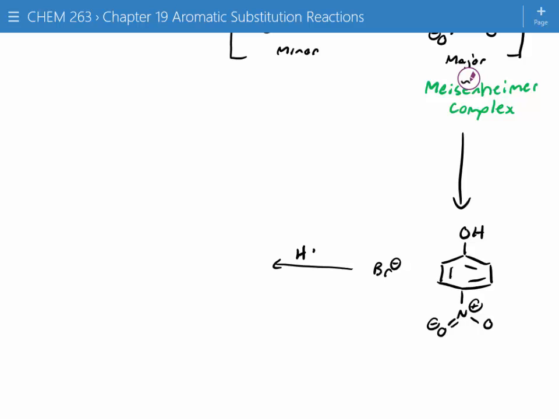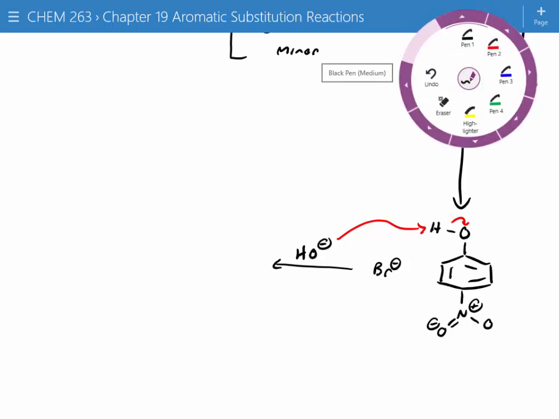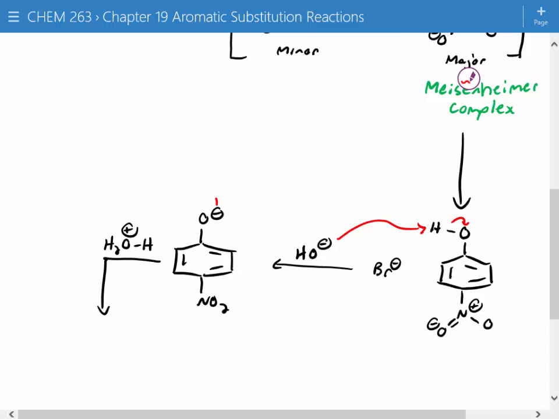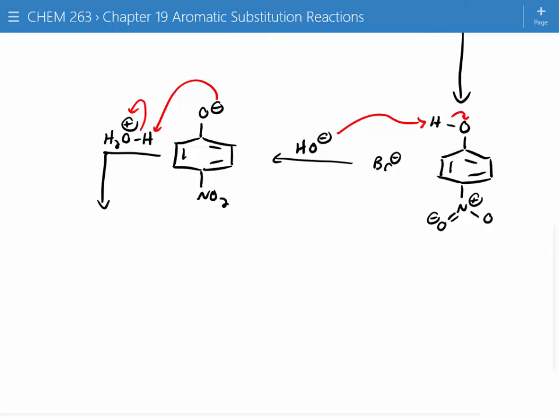So if we've got more hydroxide around, the extra hydroxide would deprotonate it to form our phenoxide, which is not exactly desirable. So in a second step, we just reprotonate it. I know it's a little steppy, but it's important to remember the order of procedures is that you have to do this in a 2-step process in order to get to your final phenol.